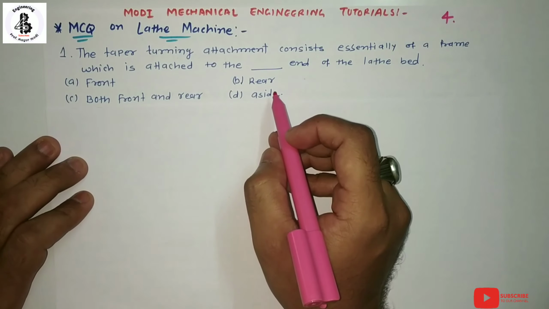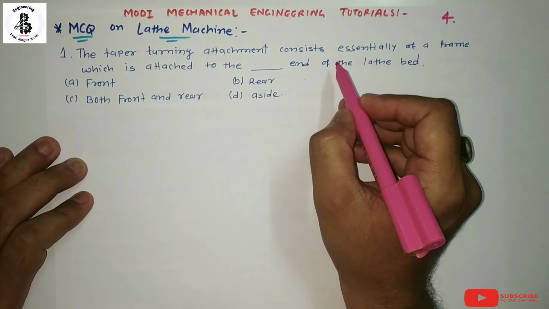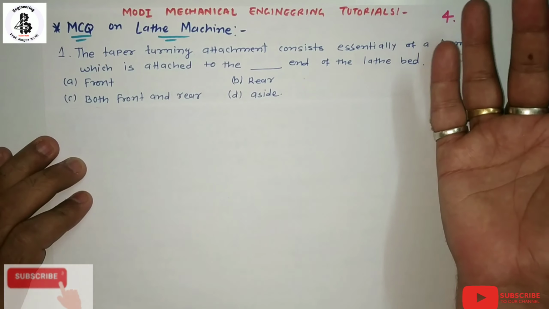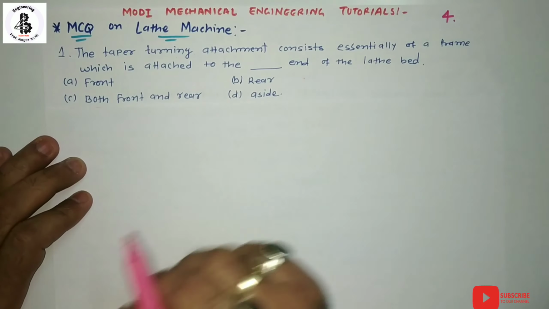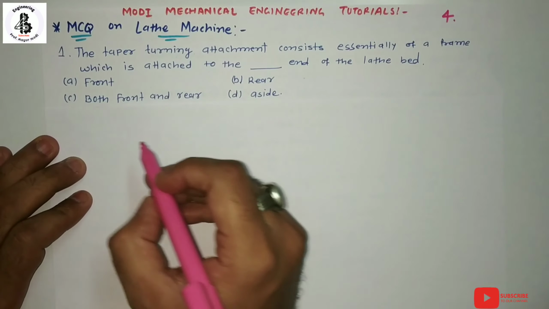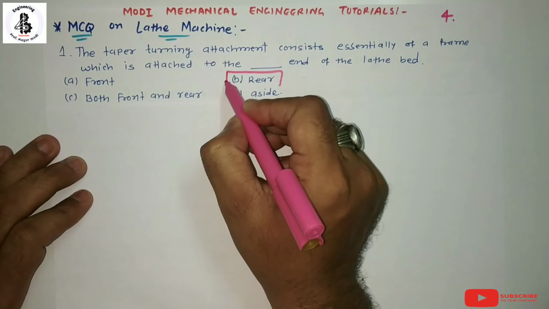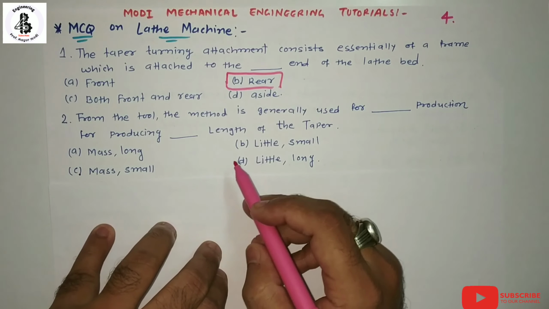Basically, the taper turning attachment consists of a frame which is attached to the rear end of the lathe machine, and then we carry out our taper turning operations. So from the options, option B, rear end. Then we will see the next question.